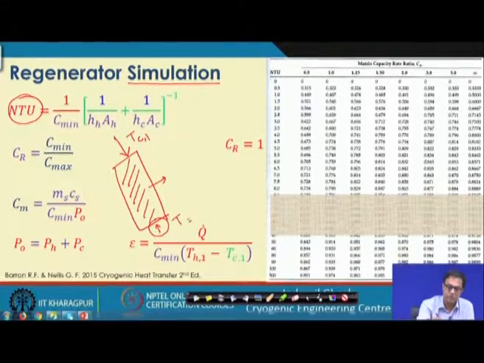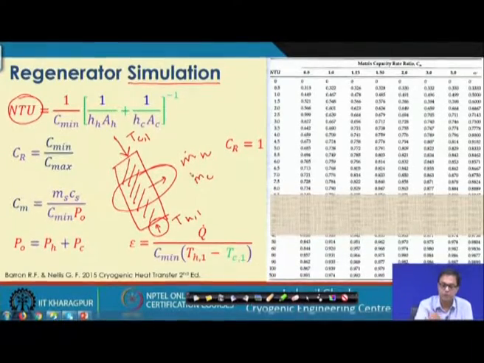So, Tc1 and Th1 are known, along with the geometry and other details like the heat transfer surface area. The heat transfer coefficient can also be obtained because we know the hot fluid flow rate and cold fluid flow rate.